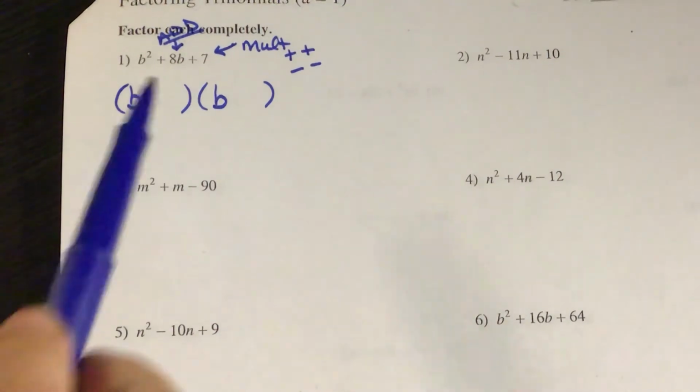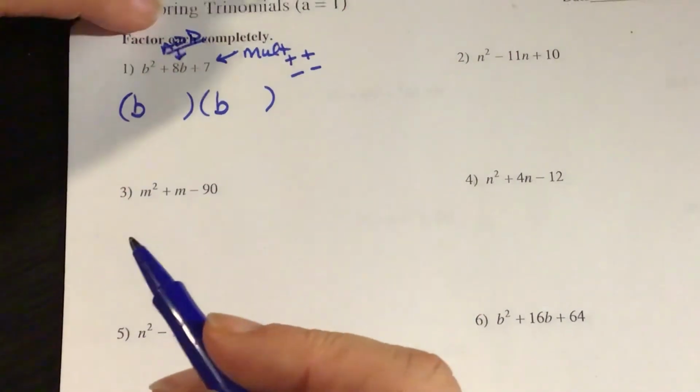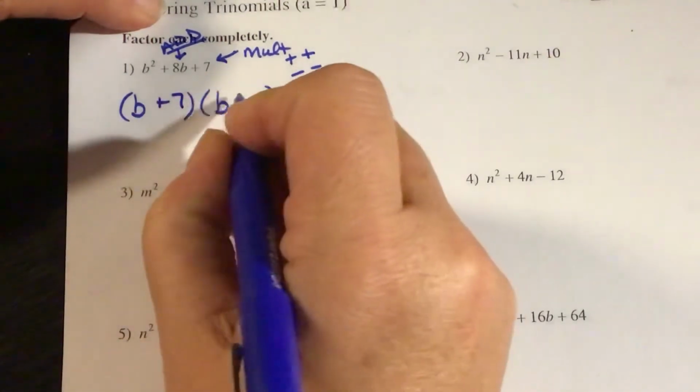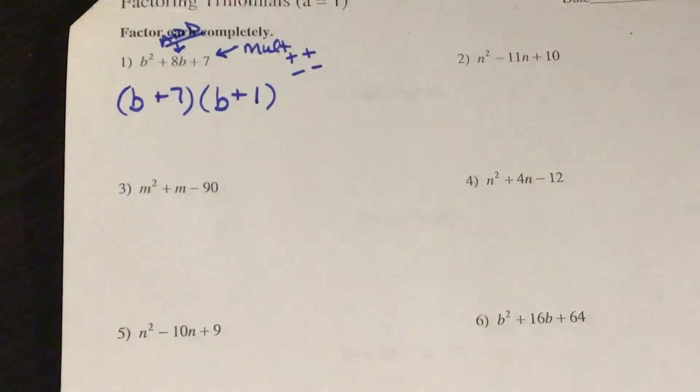So the numbers that multiply to be 7 and add to be positive 8 are just 7 and 1. And it doesn't matter which order you put them in, just as long as the sign in front of the number is correct.